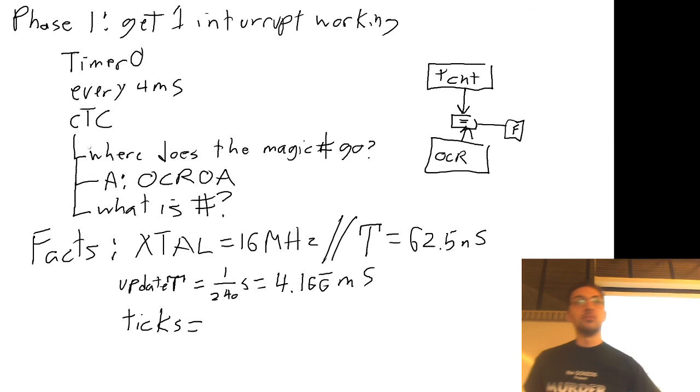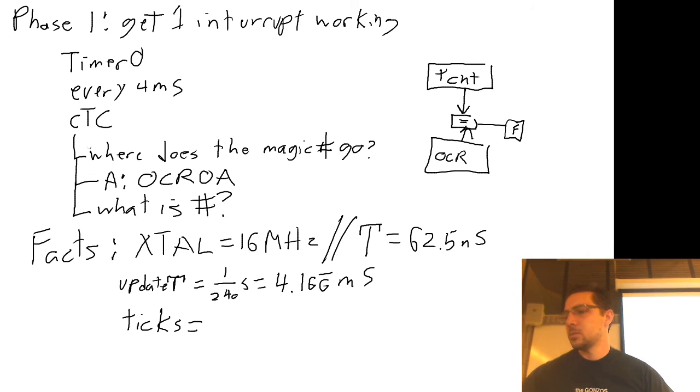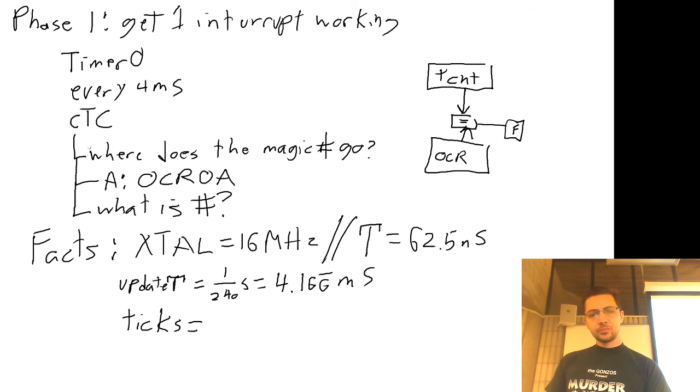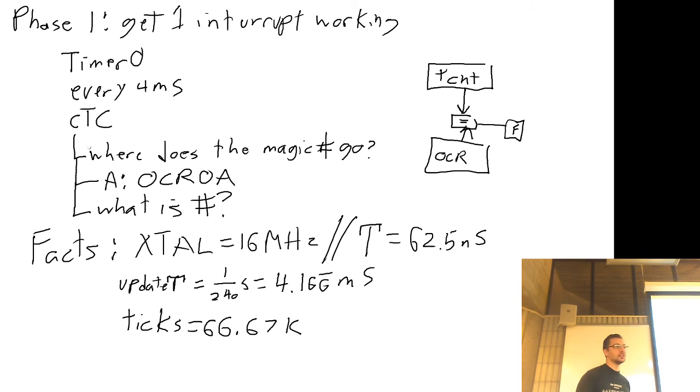Is that too low? Do I need to move so people can see? I think I can move this whole thing. Total number of ticks is roughly 66.67 thousand, excuse me, let's try that again. 66,000 ticks.